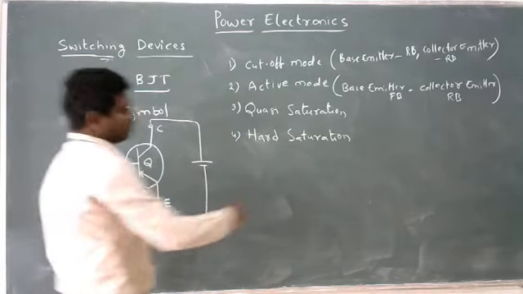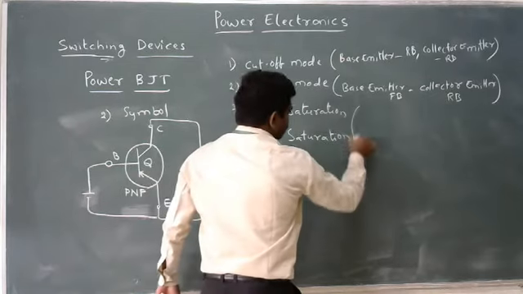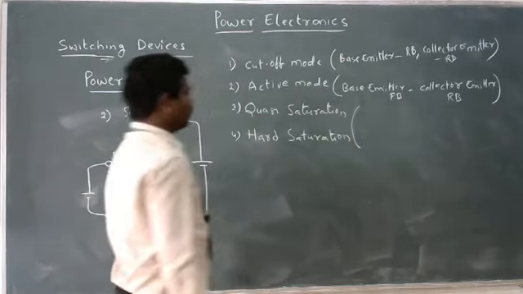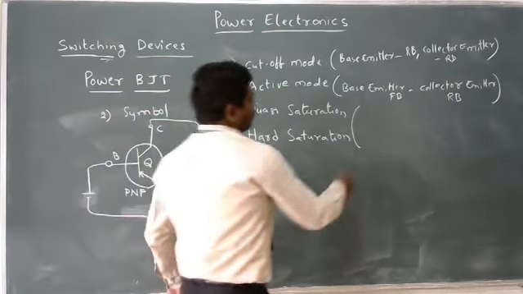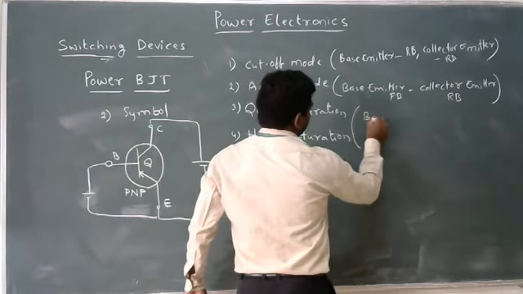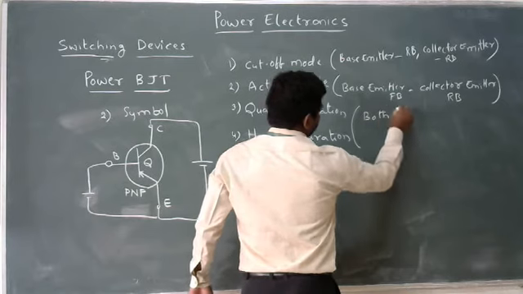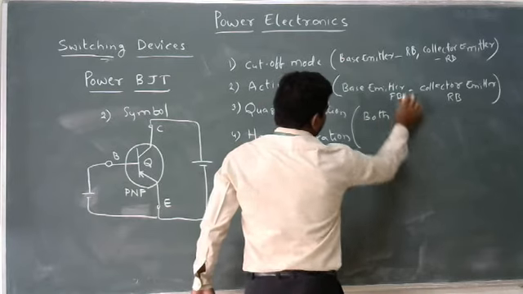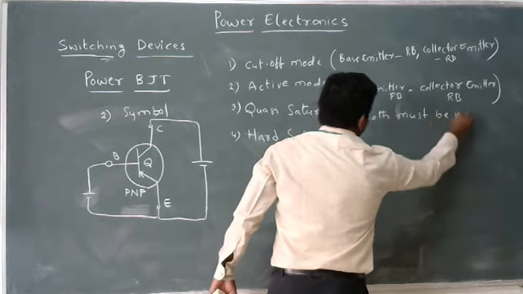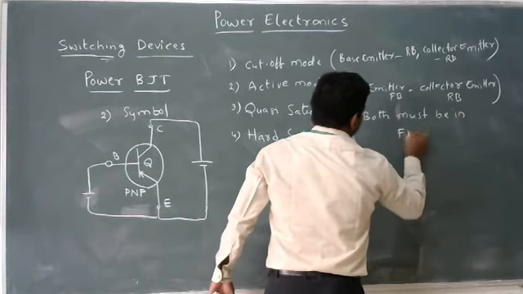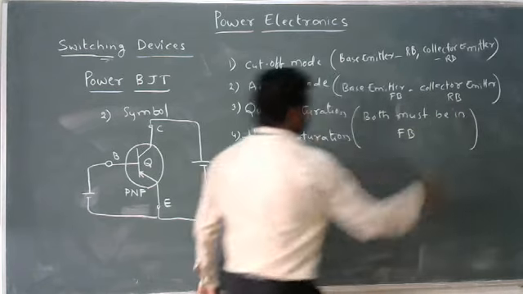Next, for these two regions, quasi type and hard type of saturation regions, both must be in forward bias.